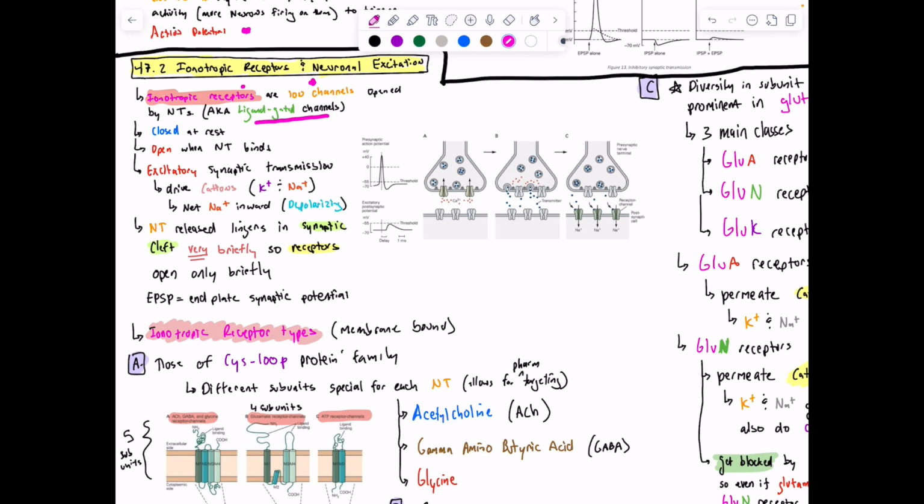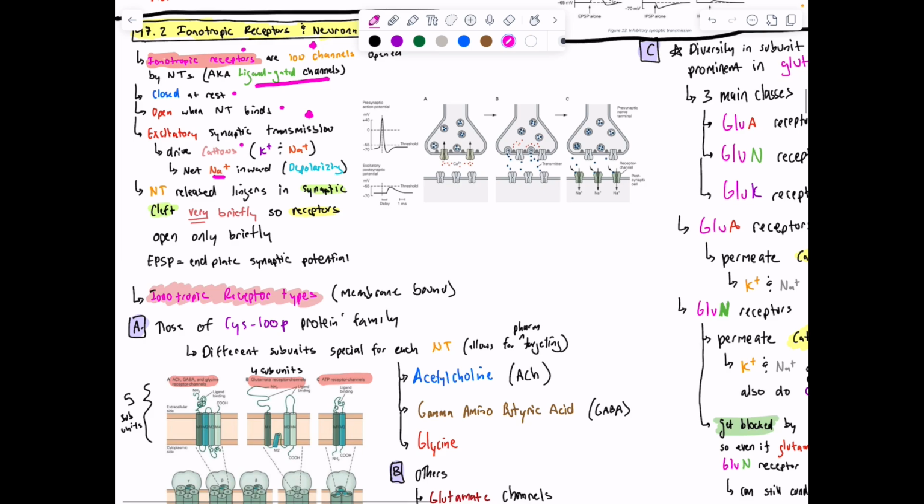These ionotropic receptors are closed at rest, but open when the ligand, ligand being a general term, neurotransmitter, binds. Excitatory synaptic transmission is going to be done, and it drives cations, potassium and sodium, through them, with a net sodium going inwards to depolarize the cell.